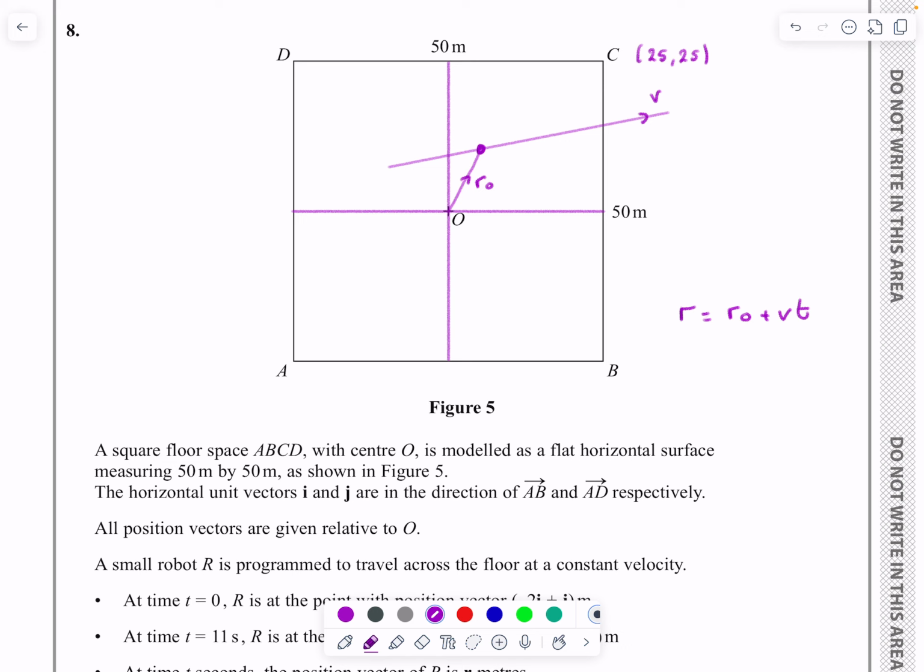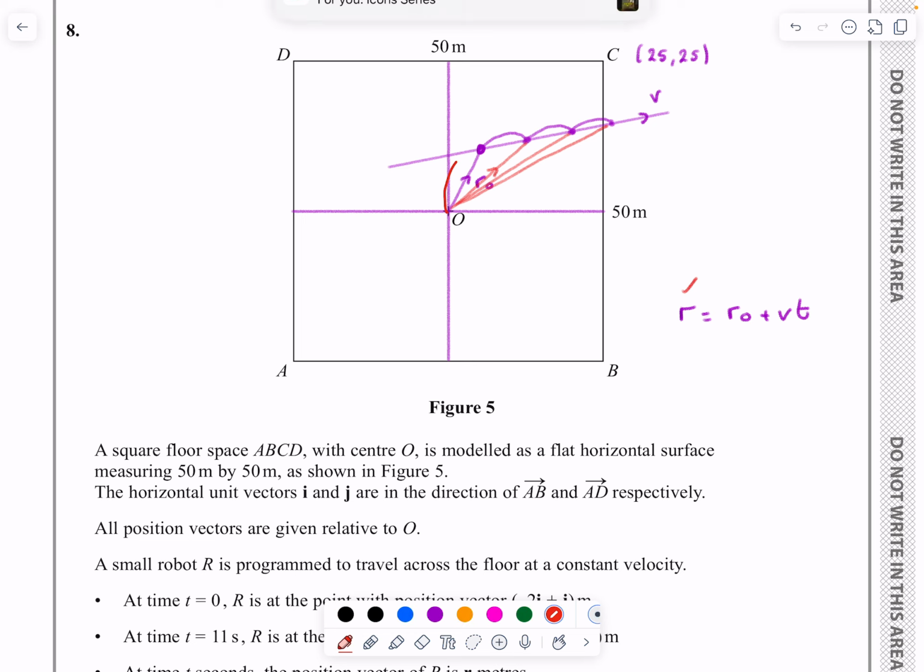And then what I'm trying to do is work out where this robot is at various different times, where will it be? It's always relative to the origin. So there's r, or there's r, or there is r. That's this one here. And how do I get to those ones?